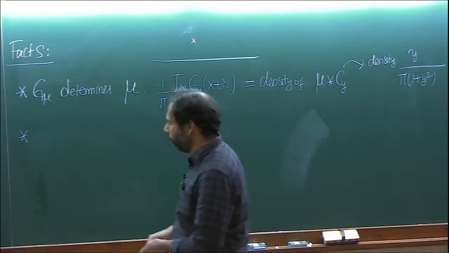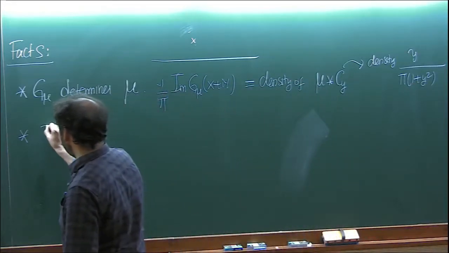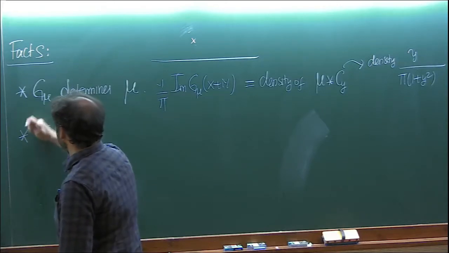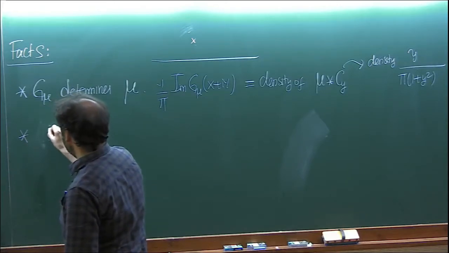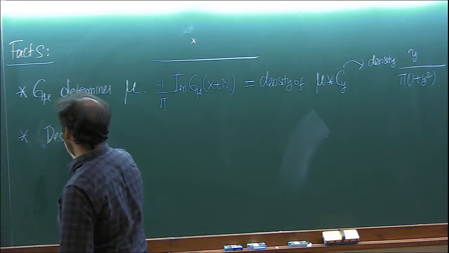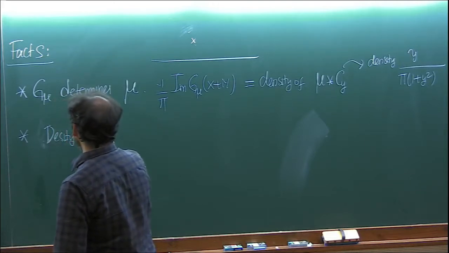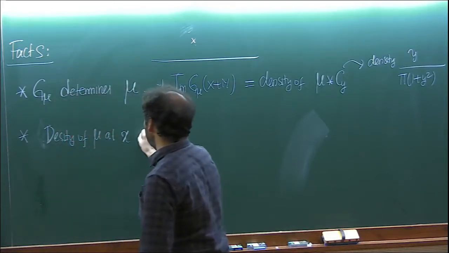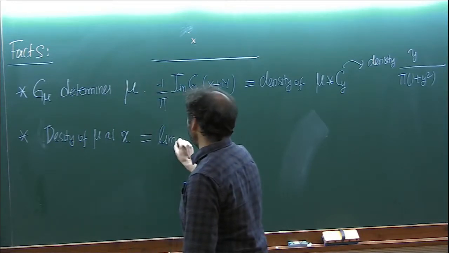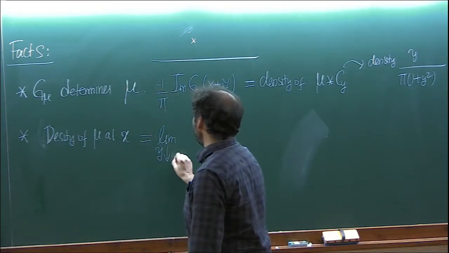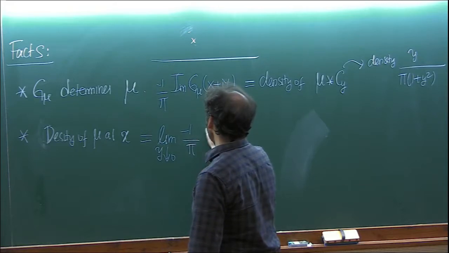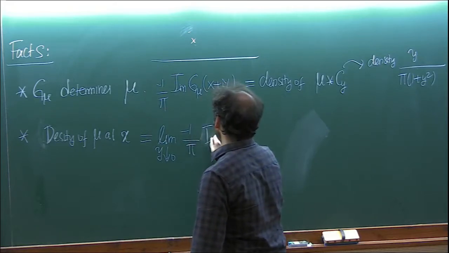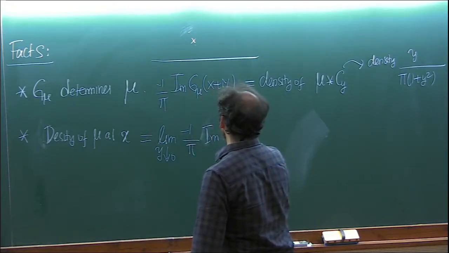From that it also follows that the density of mu at x is just the limit as y goes down to 0 of minus 1 over pi times the imaginary part of G_mu of x plus iy.